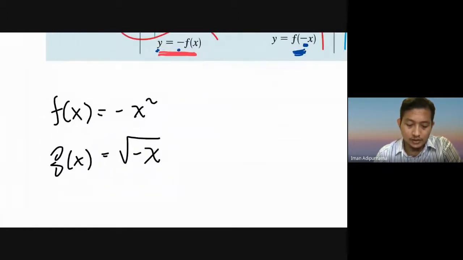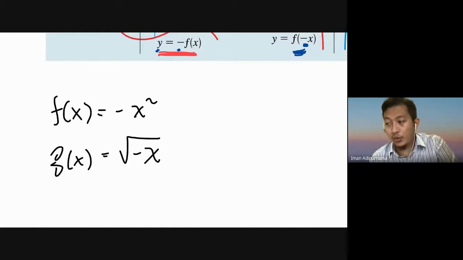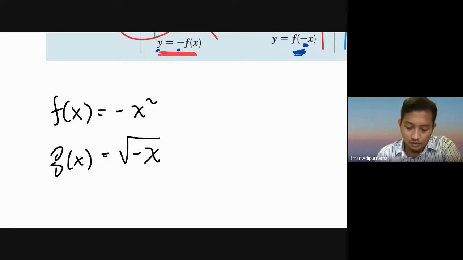Okay, let's look at what we have here. This is a negative x squared, and then we have another function, square root of negative x. So what will happen if we are going to reflect? Or how to draw this from reflections?